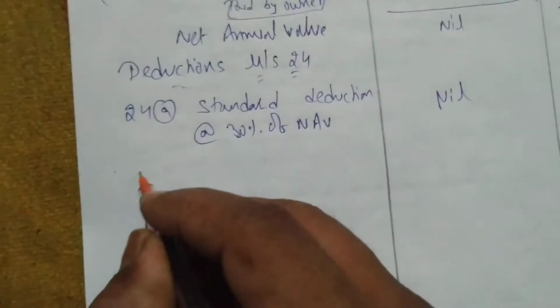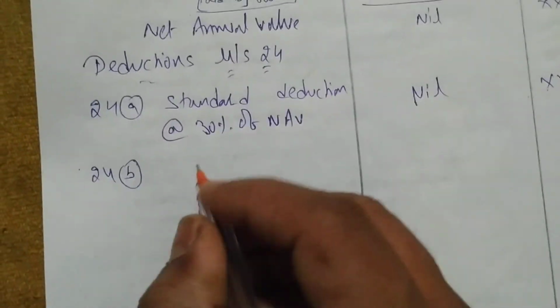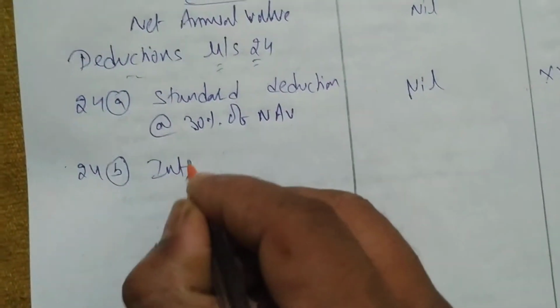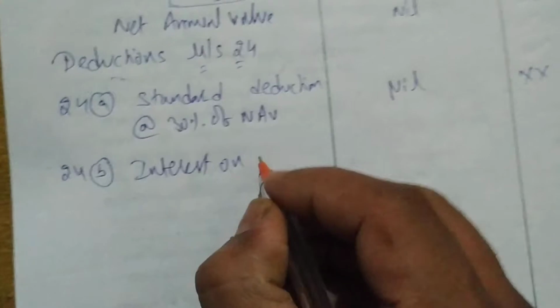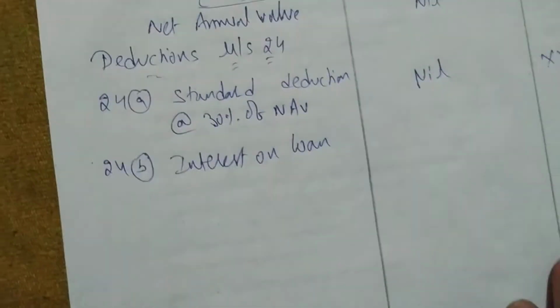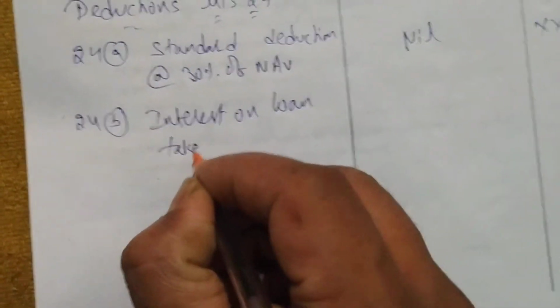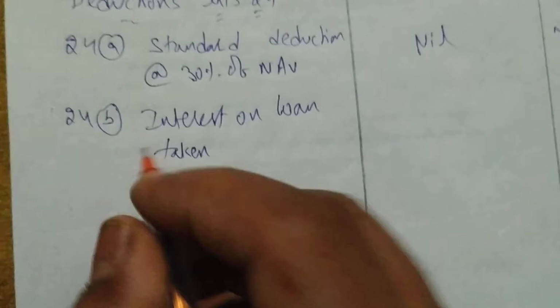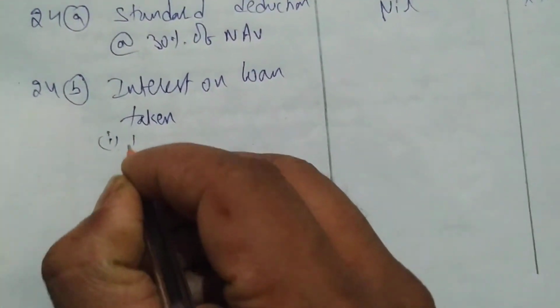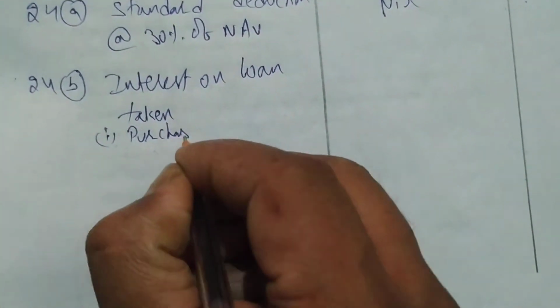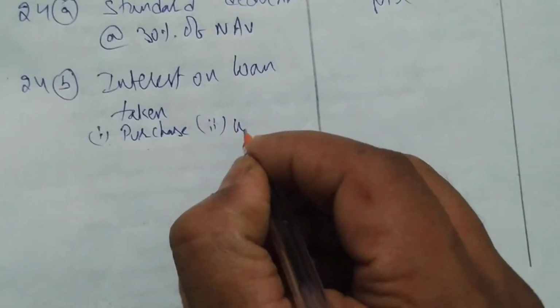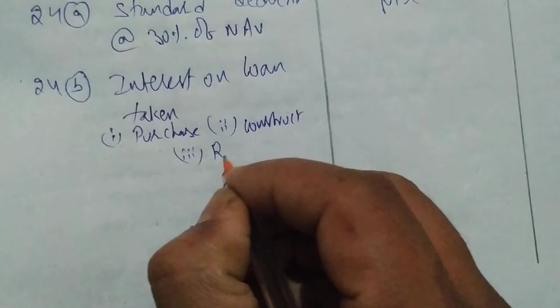Next, after that 24B, interest on loan. This loan is taken, why? This loan is taken either to purchase the house, or to construct the house, or for repairs of the house.